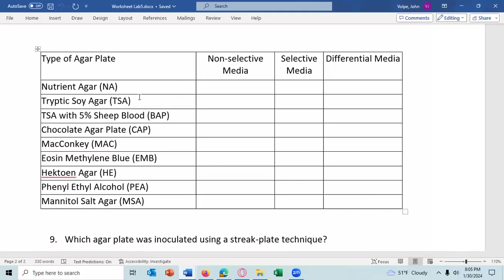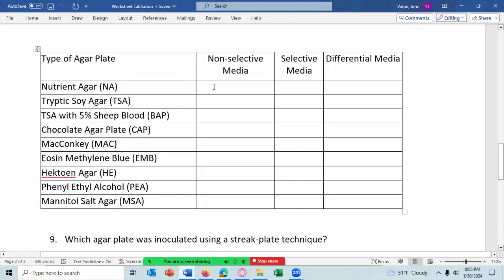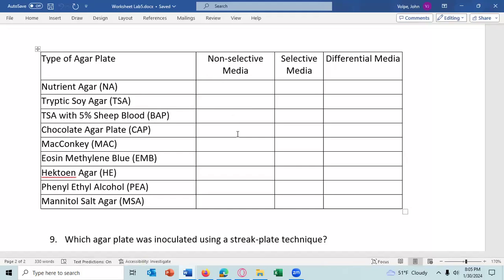Anyways, on this table, mark an X if you think the media belongs to one of these 3 columns. Like nutrient agar, if you believe it's selective, mark an X there. Let's go on to blood agar. If you think it is non-selective, then make an X there.